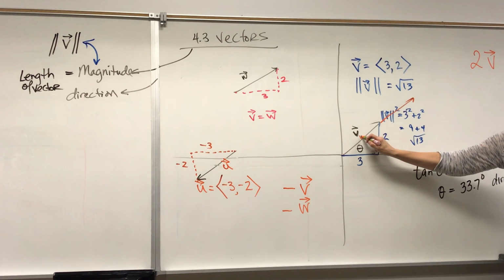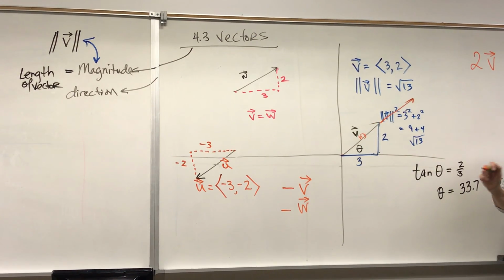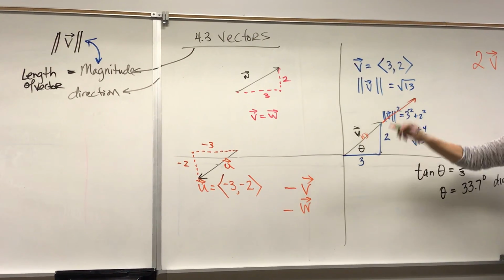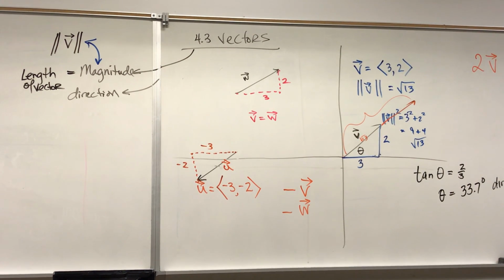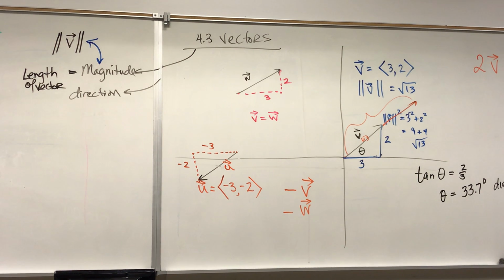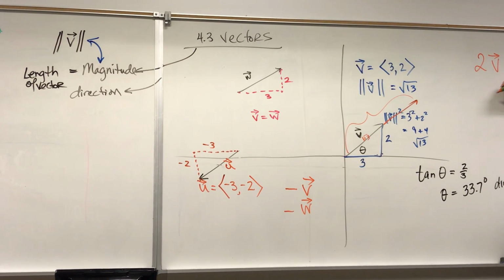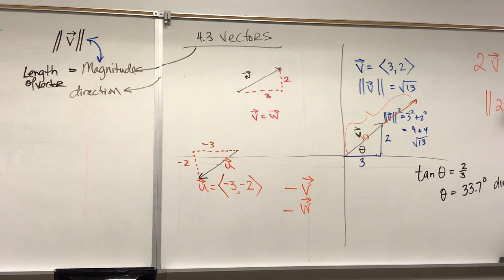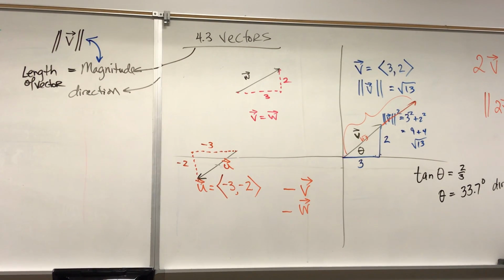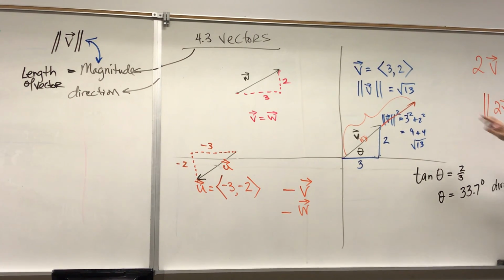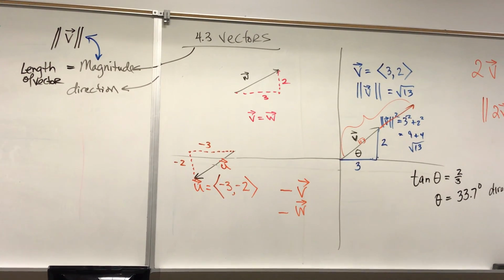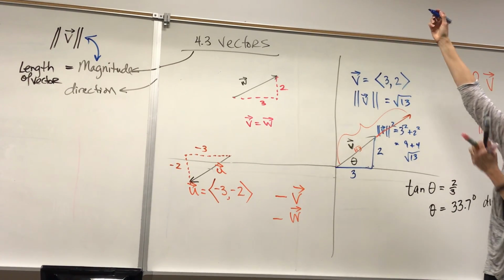If this is the square root of 13 for the magnitude, what would the magnitude of 2v be? Just twice as long, right? So the magnitude of 2v is 2 root 13.